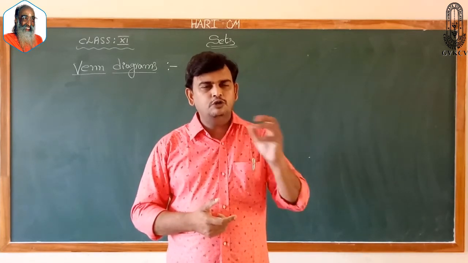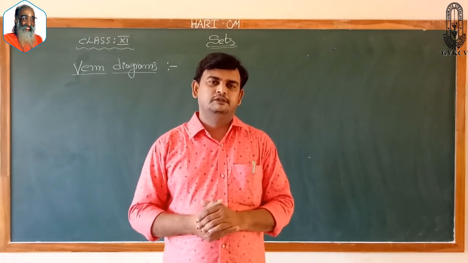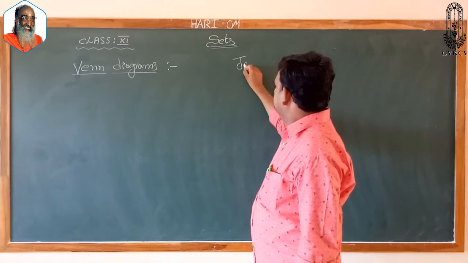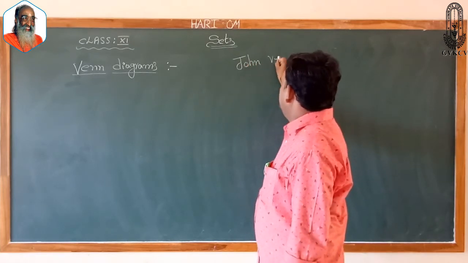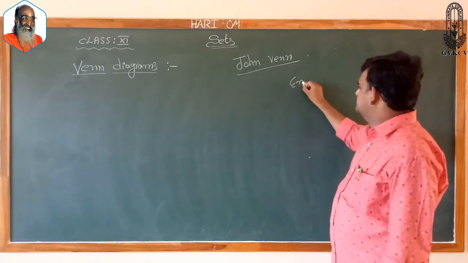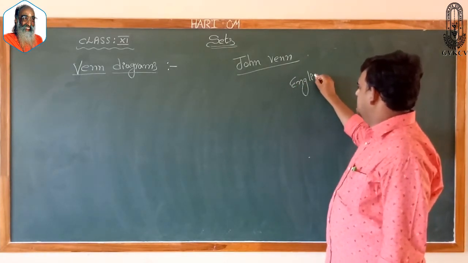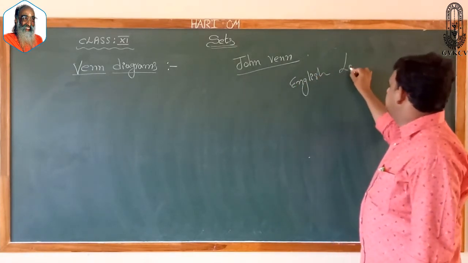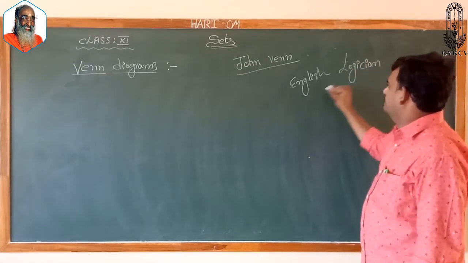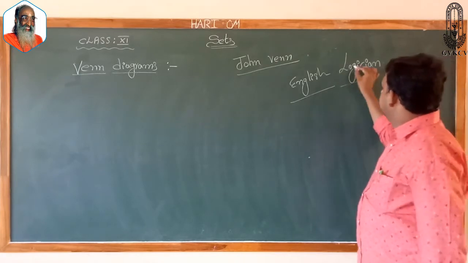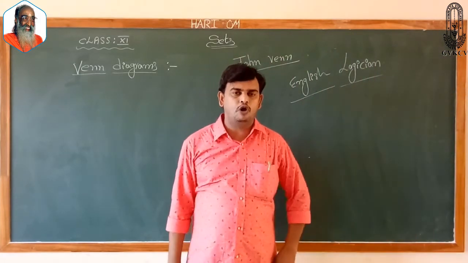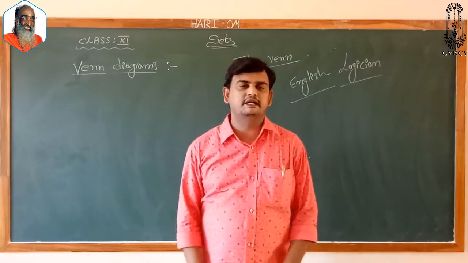To avoid all those confusions, John Venn, an English logician, has introduced the Venn diagram concepts for set theory.